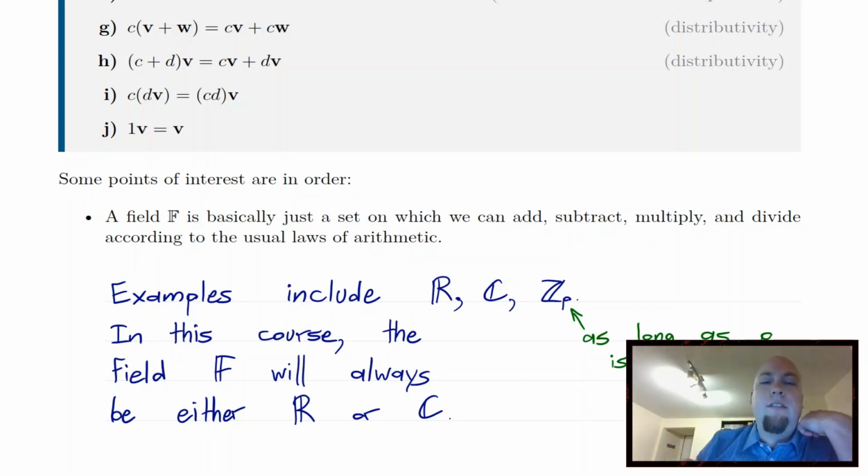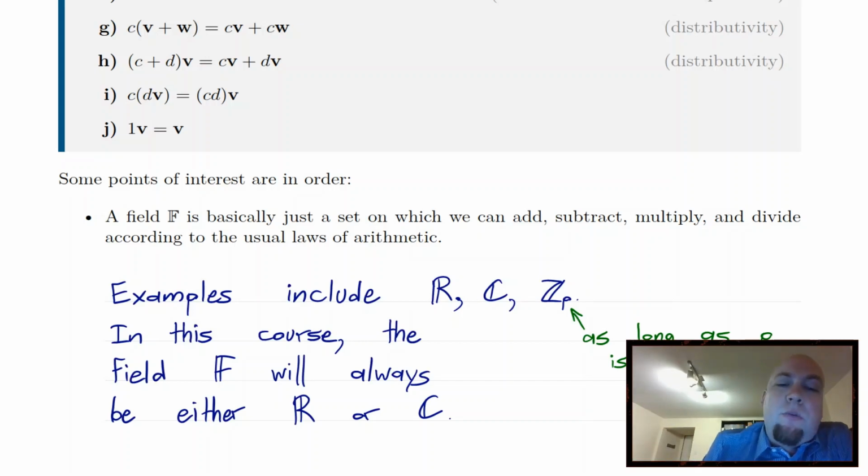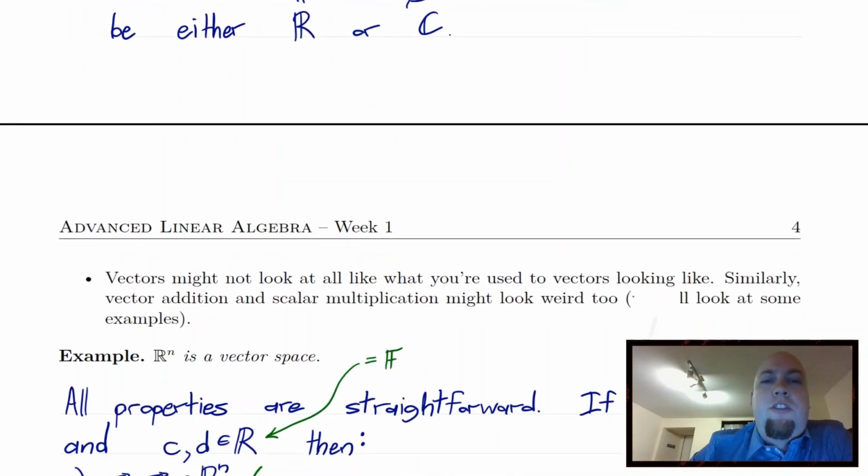We're not going to write down a formal definition of it, but examples include the set R of real numbers, the set C of complex numbers, the set Zp that we talked about on the previous page, of numbers 0 up to p minus 1, as long as p is a prime. Okay, as long as p is a prime number, then this is a field. For the purposes of this course, we're only going to look at R and C, though. We're going to look at the sets of real and complex numbers. So don't worry about fields too much is the short version there.